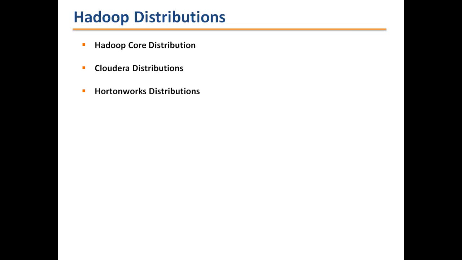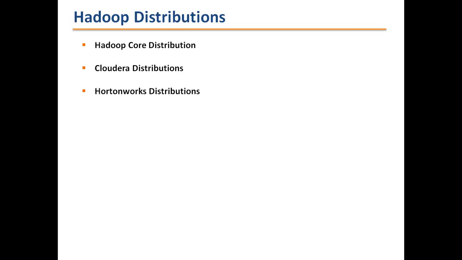So Hortonworks provides everything as open source, and all tools are developed using open source only. With Cloudera, if you want to install CDH, you have Cloudera Manager, which is Cloudera's own product.